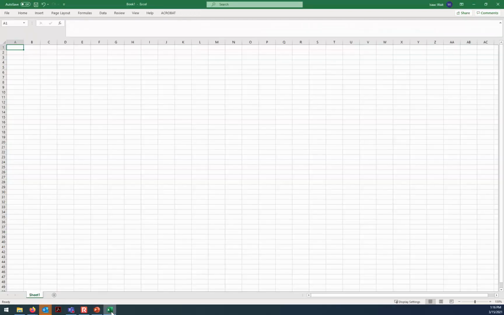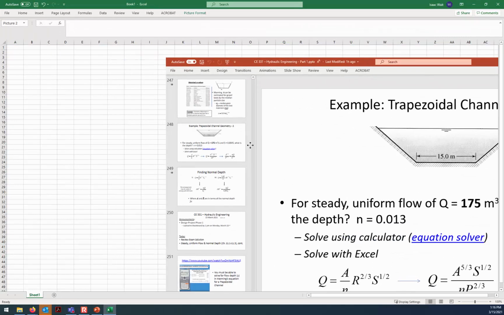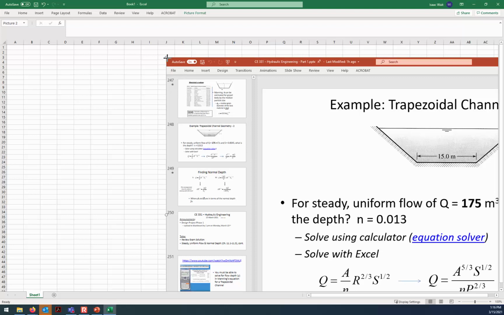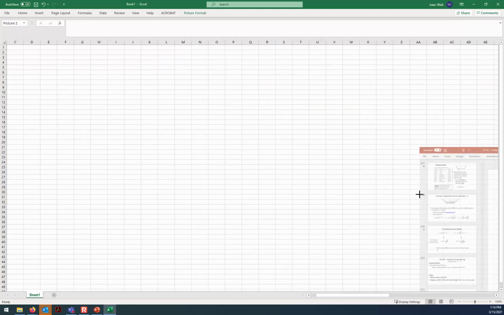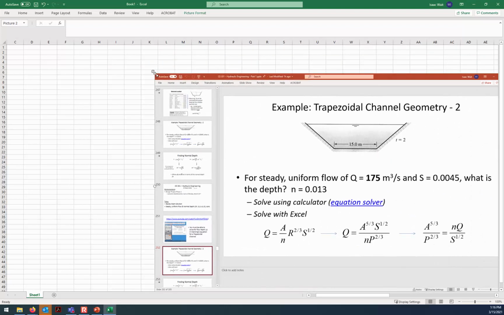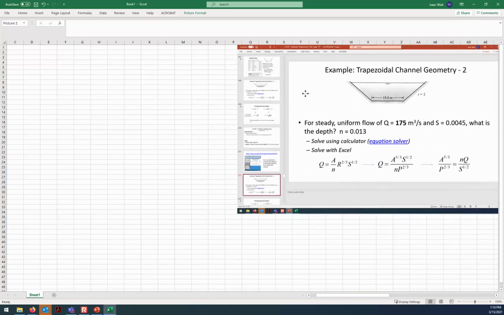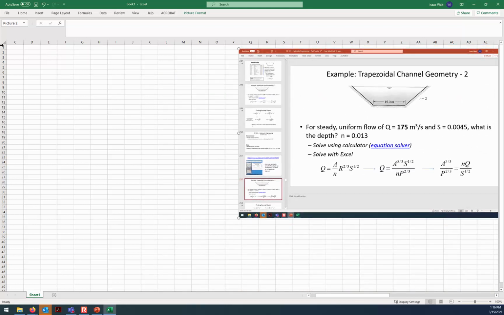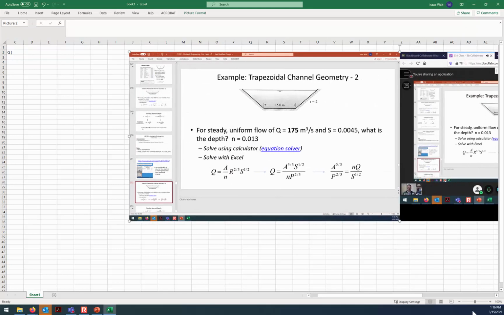Screenshot and paste. All right. So now I can see the problem off to the side as I work. All right. So the first thing I'm going to put is the flow rate. Let me make this just a touch bigger.